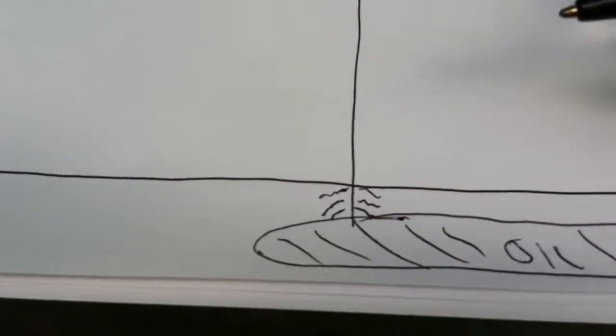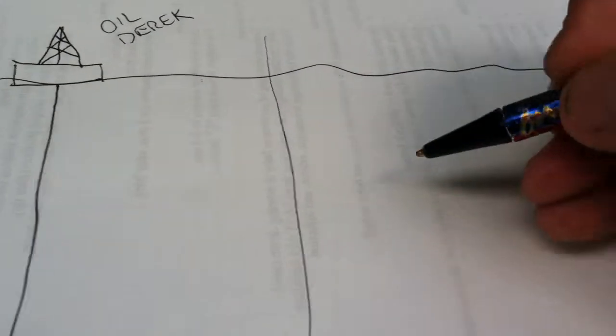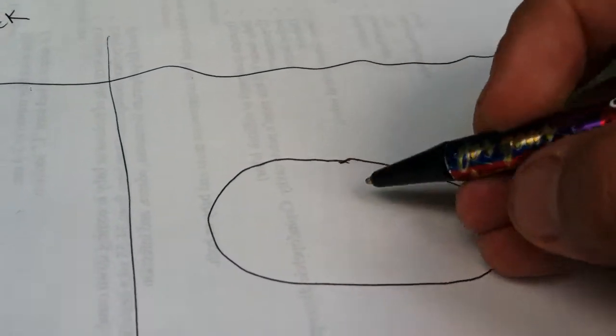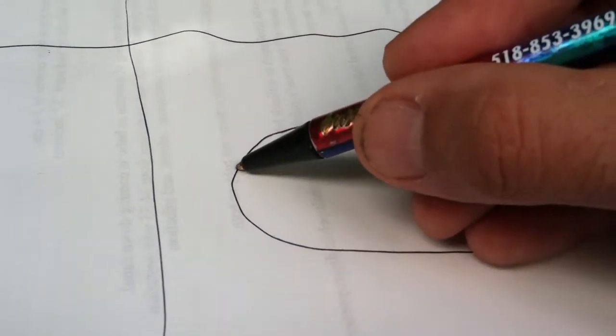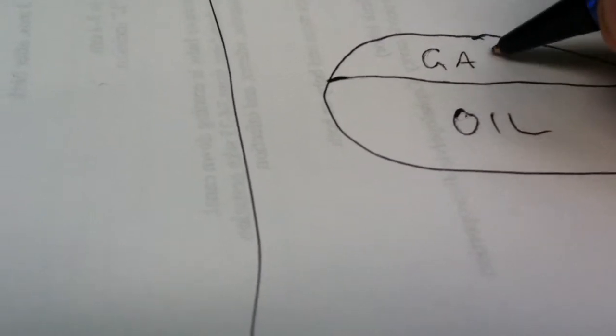Now, an oil field is generally, we're going to cut this because this has nothing to do with it, a big, we'll call it a big vat of oil here. Now, normally, you have oil down here, and you have gas here.